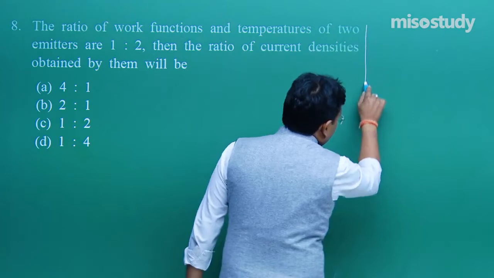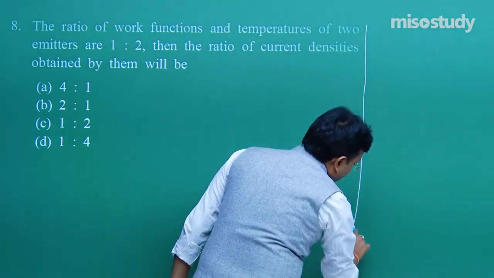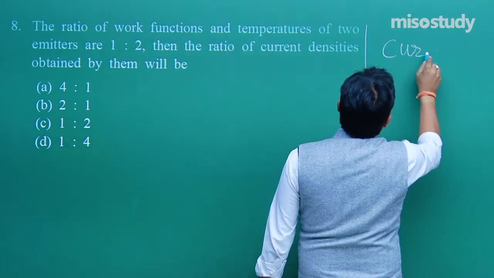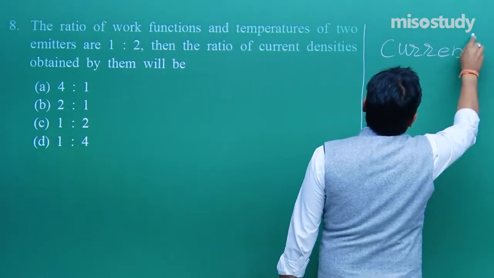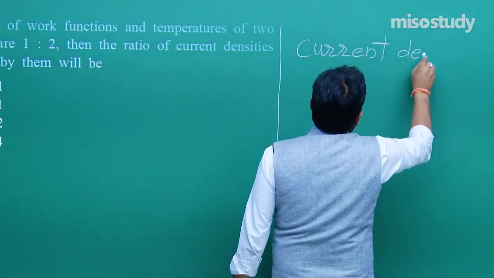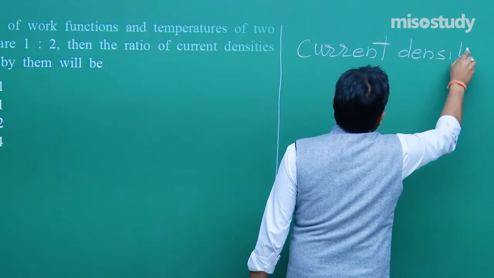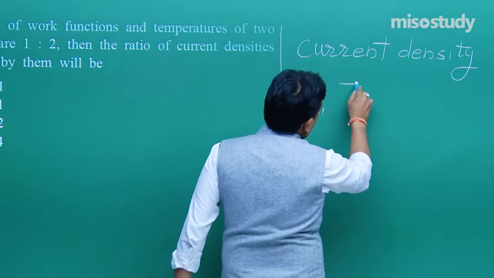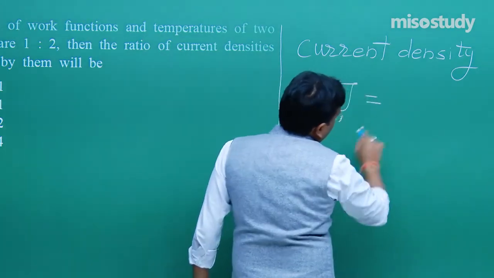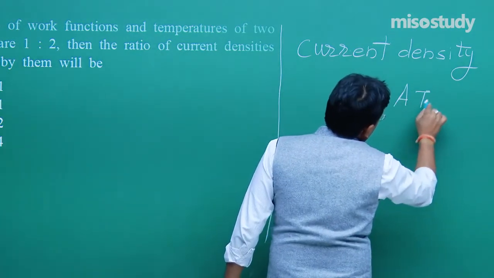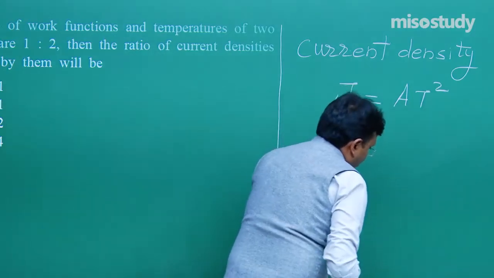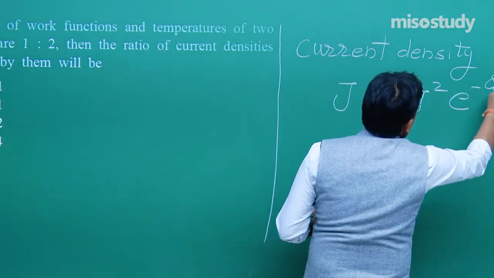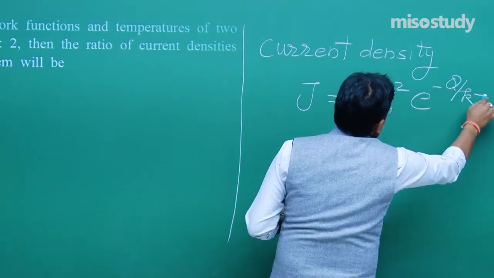So let's mention this basic result, that is current density. It is generally given by J. Current density J is equal to A T square e to the power minus phi upon kT.